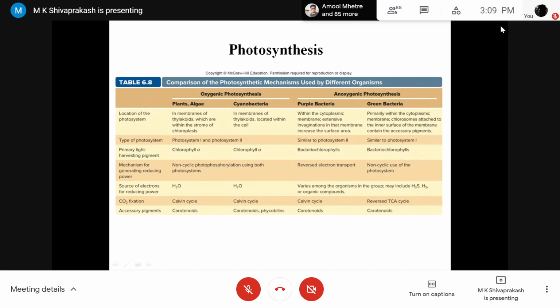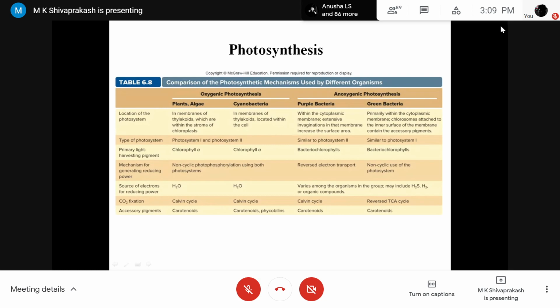Of course, the primary pigment in oxygenic photosynthetic bacteria is chlorophyll a, whereas anoxygenic photosynthetic bacteria are represented by Chlorobium and Chromatium. Chlorobium is a green sulfur bacterium. Chromatium is a purple sulfur bacterium. They have bacteriochlorophylls.